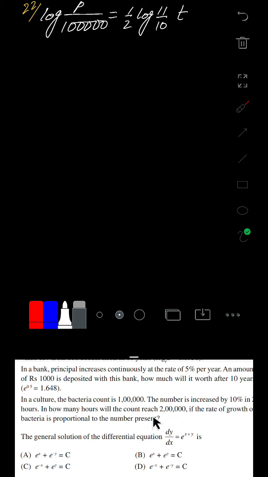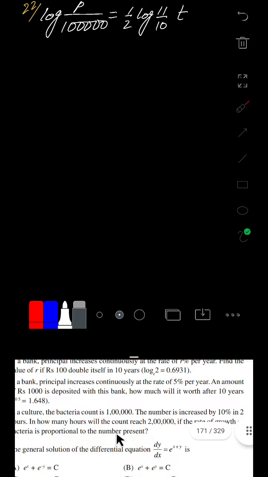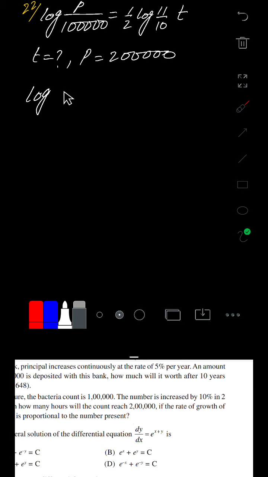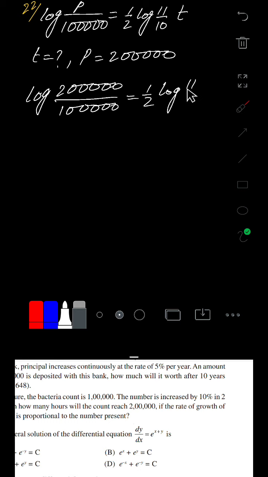Now we need to find out after how much time the count will reach 2 lakh. So that means t is required for P is equal to 2 lakhs. So putting P is equal to 2 lakh in this, we have log 2 lakh upon 1 lakh is equal to half log 11 upon 10 into t. On the left hand side we get log 2.